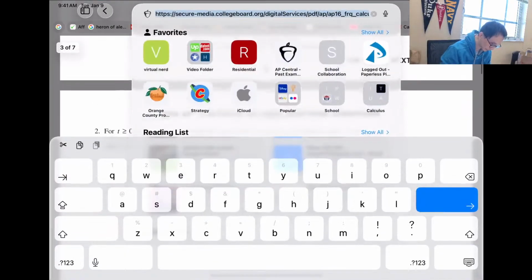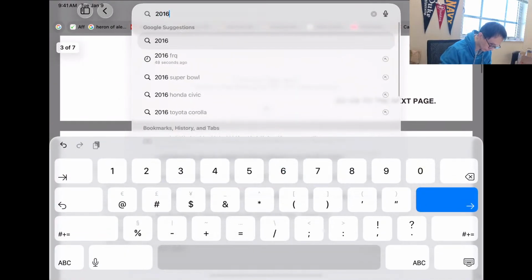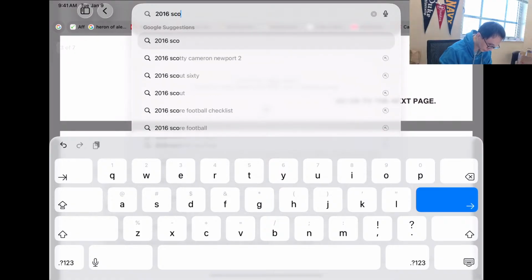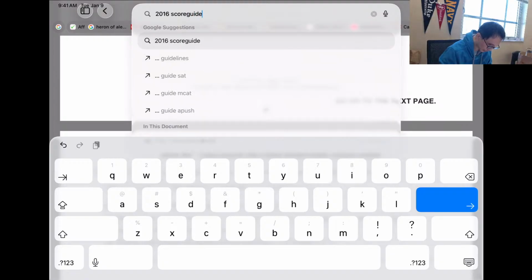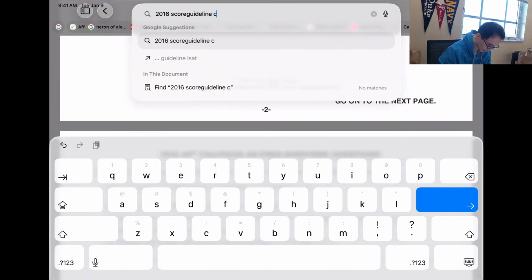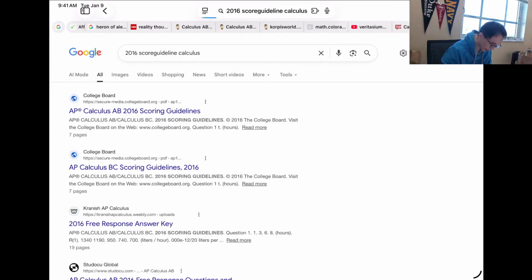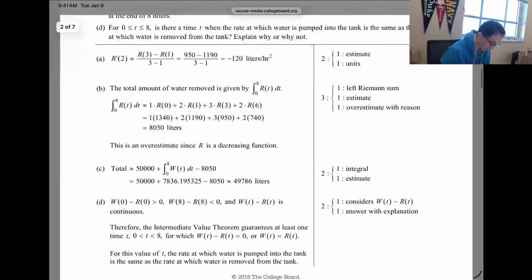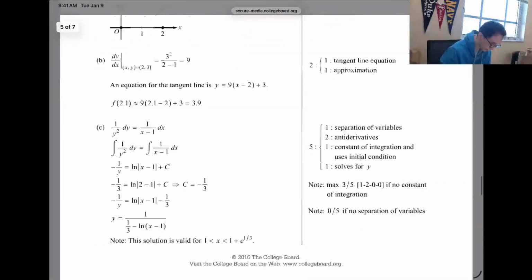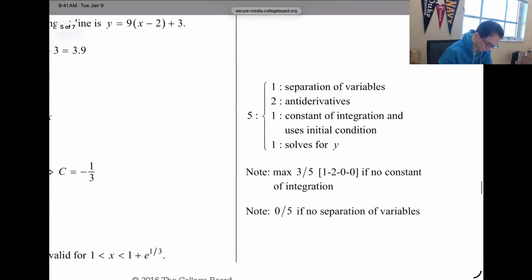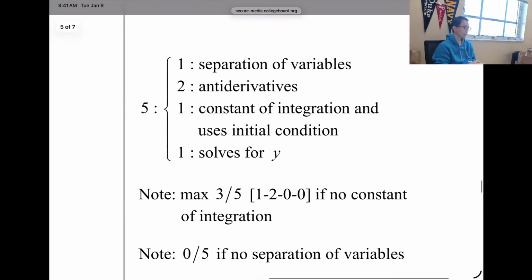2016 scoring guideline. Okay, so look at the scoring guideline. Pay attention. Look at here. Separation of variables.